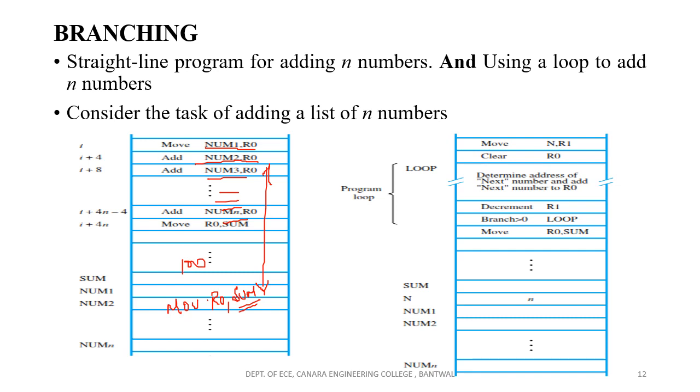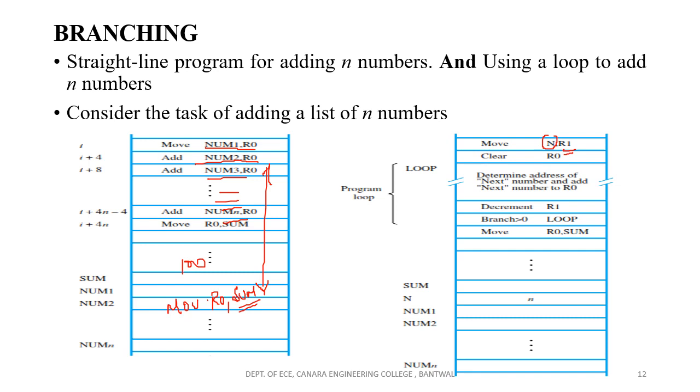Whereas in case of branching, if you want to add the 100 numbers, you can represent the same code using branching with less than 10 lines. See here in this particular example, you need to move the count to one particular register.